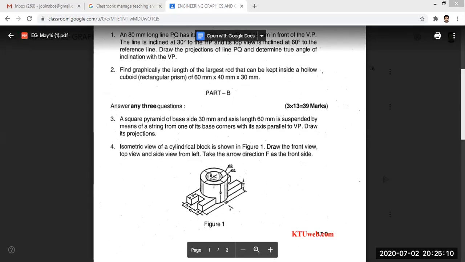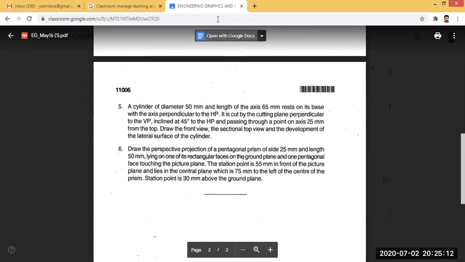Then the next one, yeah, this is the next one. The next object is a cylinder of diameter 50 and length of the axis 65 mm.